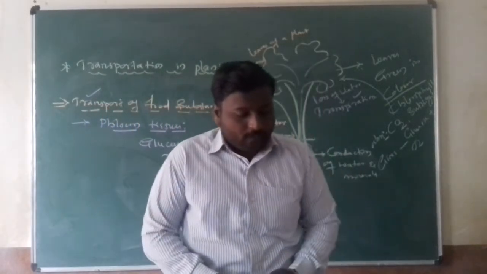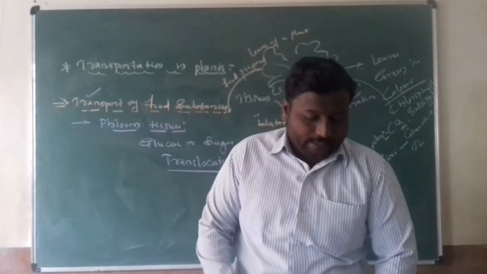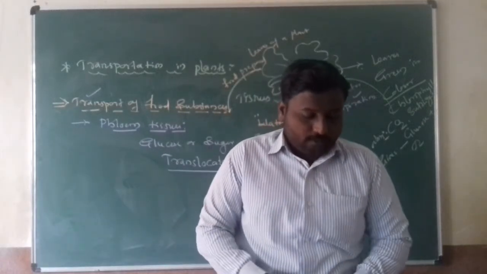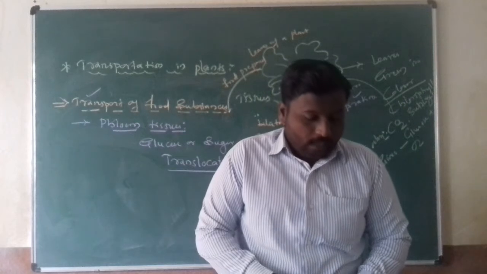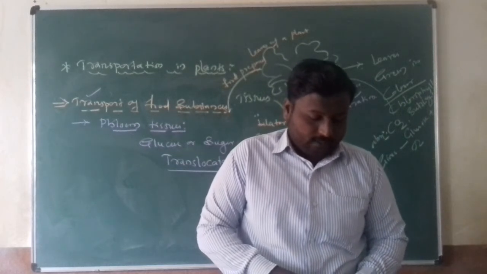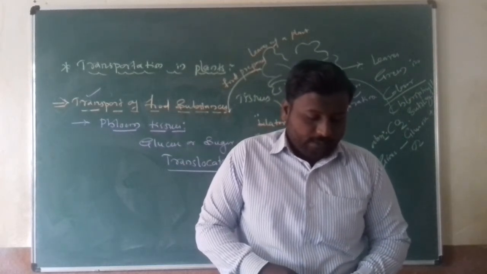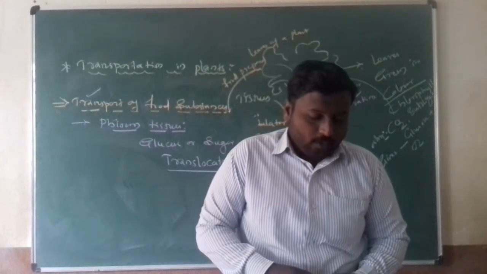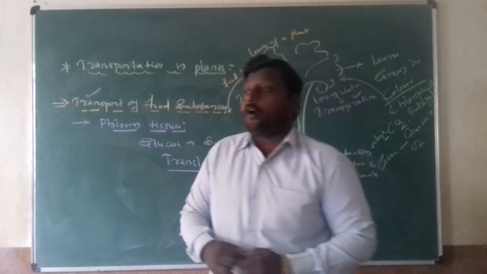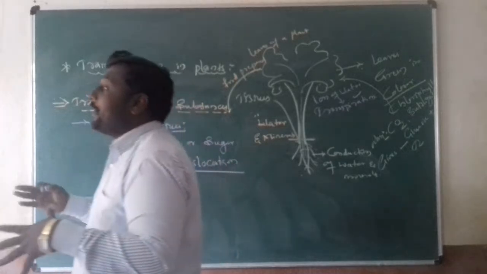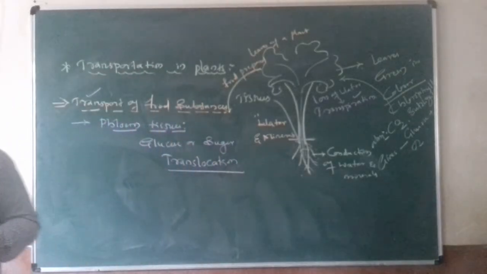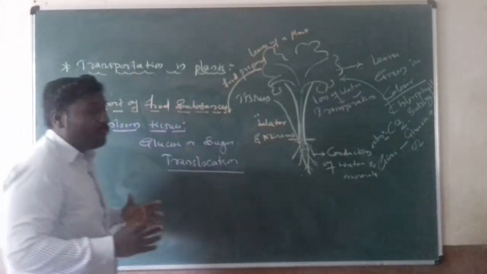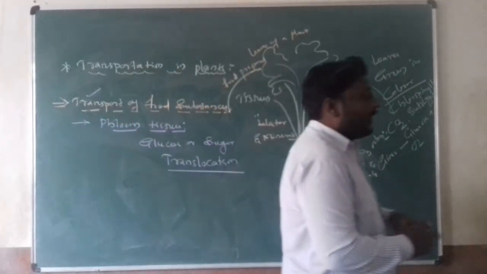It occurs in the part of vascular tissue known as phloem. Besides the product of photosynthesis, phloem also transports amino acids and other substances. These substances are especially delivered to storage organs like fruits, seeds and growing organs. It means that in the entire plant body, food is transported with the help of phloem tissue.